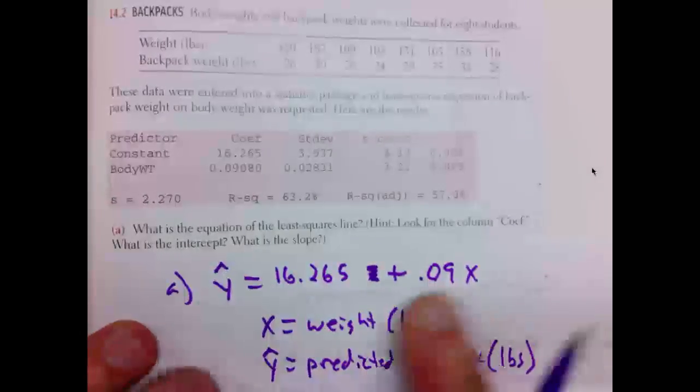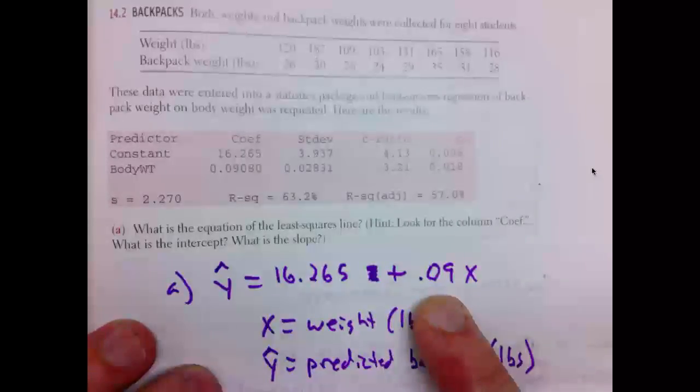Okay, so interpreting these two values, this 0.09 is close to 0.1.